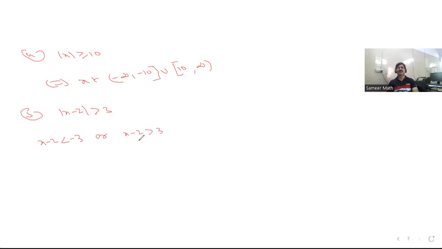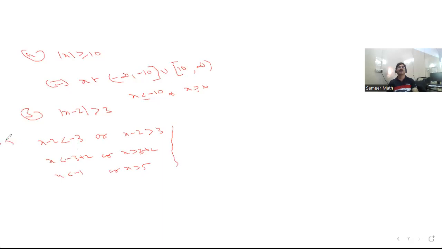The meaning of this is the same. Just as I wrote x is less than minus 10, x is greater than or equal to 10, because equal to is given, and or means union. You can write like this also. If you simplify, add 2: x is less than minus 1, or x is greater than 3 plus 2, which is 5. I want to give scope to all types of students.